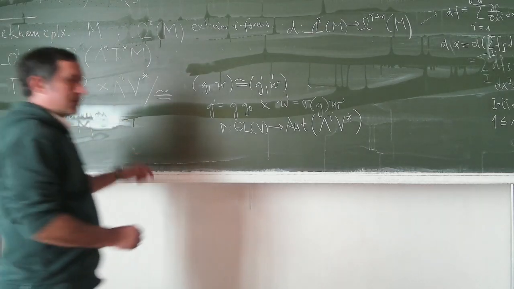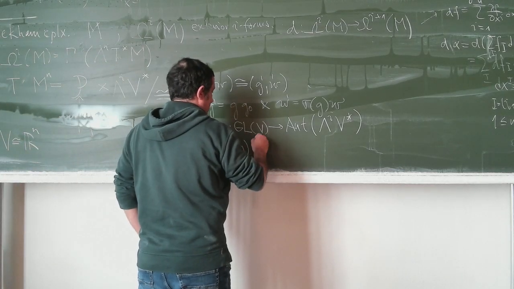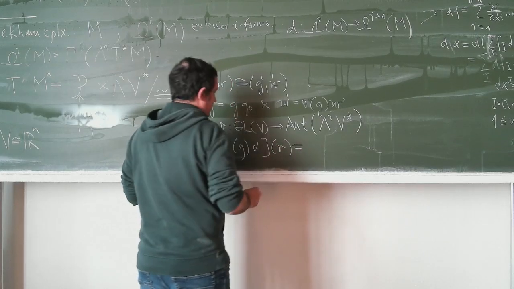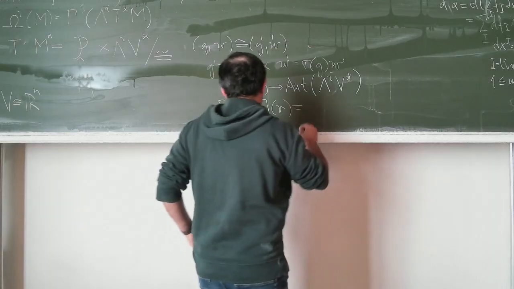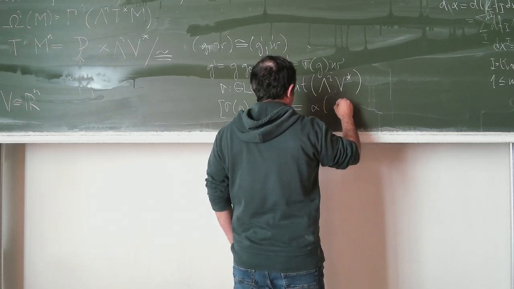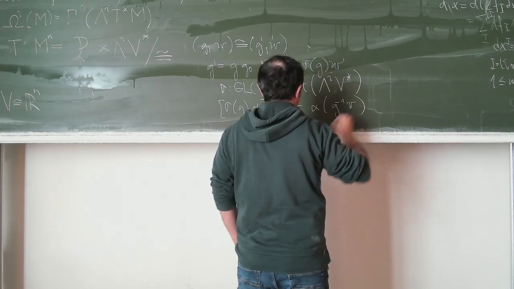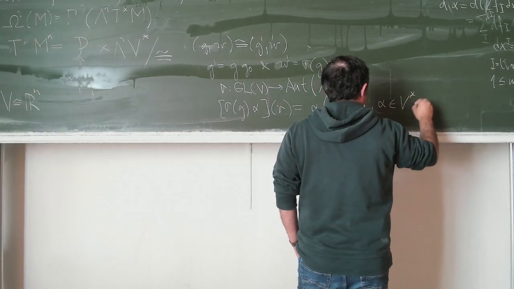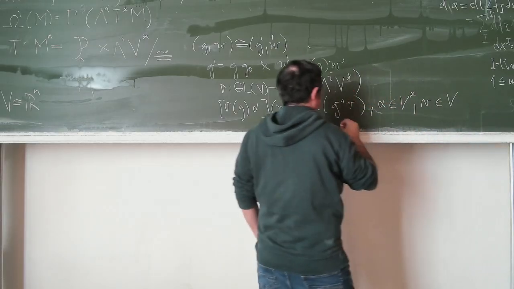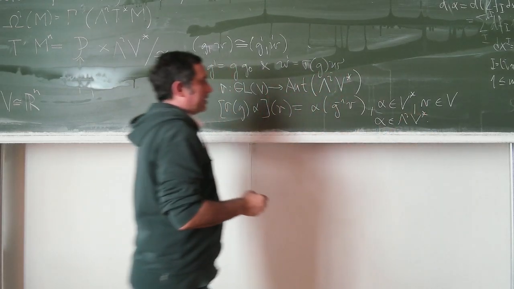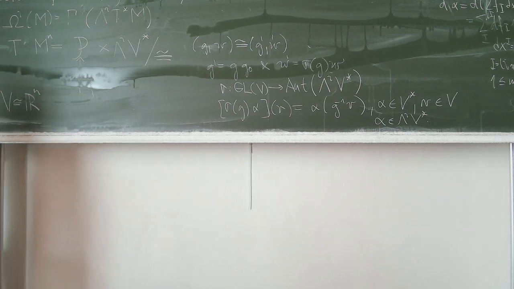So it is a representation, the tautological one, and similarly for alpha, from the exterior powers, for wedges in each coordinate.